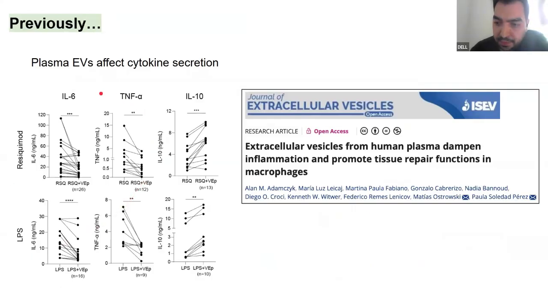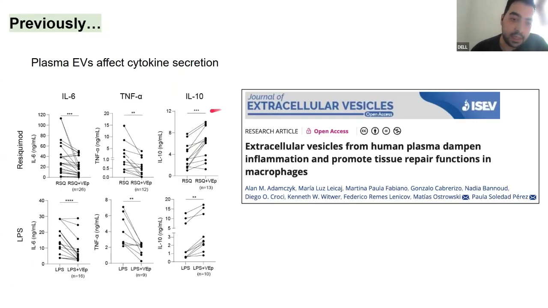When macrophages were simultaneously exposed to either resiquimod, which is a toll-like receptor 7/8 agonist, or to LPS, a toll-like receptor 4 agonist, and plasma EVs, the secretion of IL-6 and TNF was reduced, whereas the secretion of IL-10, this strong anti-inflammatory cytokine, was augmented.